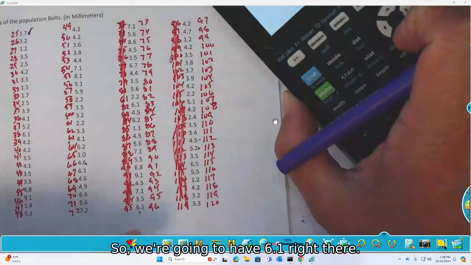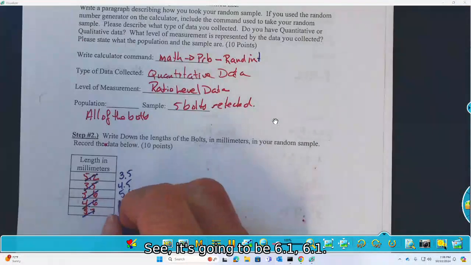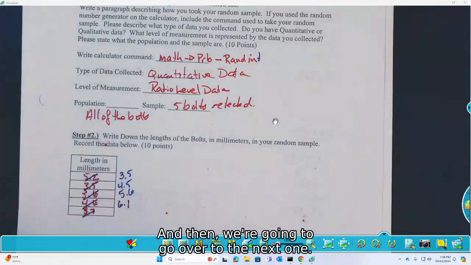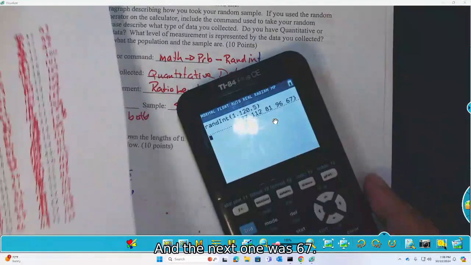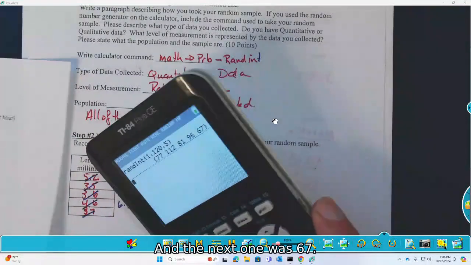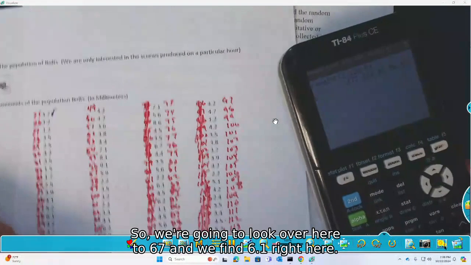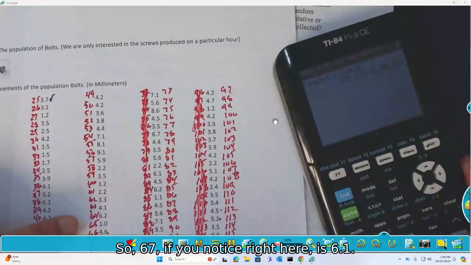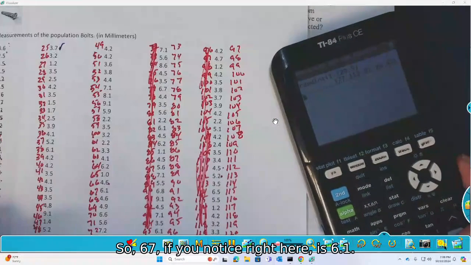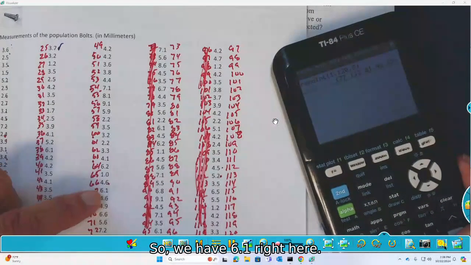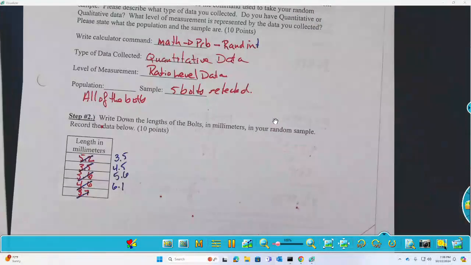So we're going to 6.1 right there. See, it's going to be 6.1. And then we're going to go over to the next one. And the next one was 67. So we're going to look over here to 67 and we find 6.1 right here. So 67, if you notice right here, is 6.1. So we have 6.1 right here.